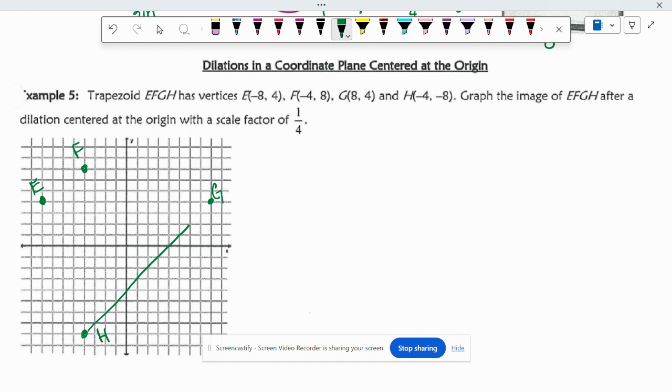Once you get your points plotted, make sure you connect your lines because we're making a trapezoid.